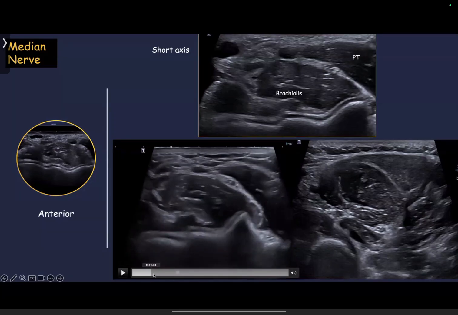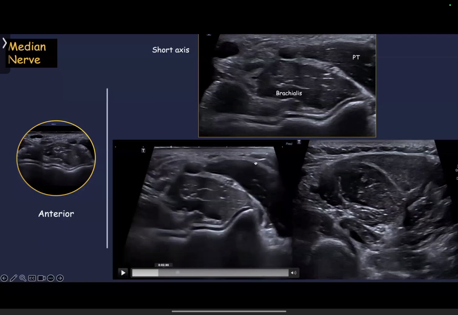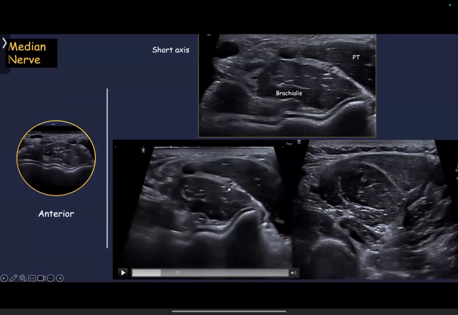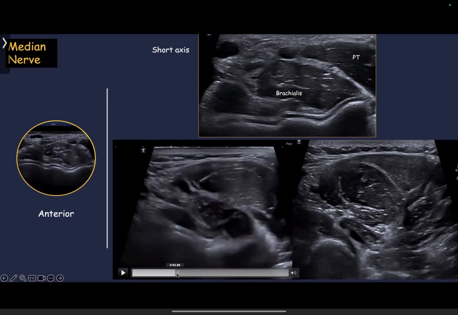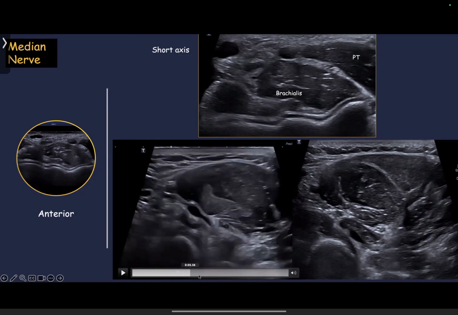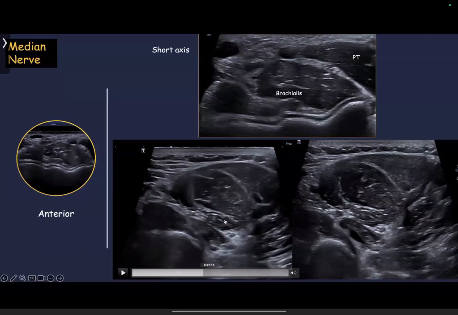As I go down, this is the pronator teres, and this is the brachialis muscle. Concentrate on this honeycomb-like structure. I'll go down distally. So here, what I was telling, is the ulnar head of the pronator teres, and this is the pronator tunnel.